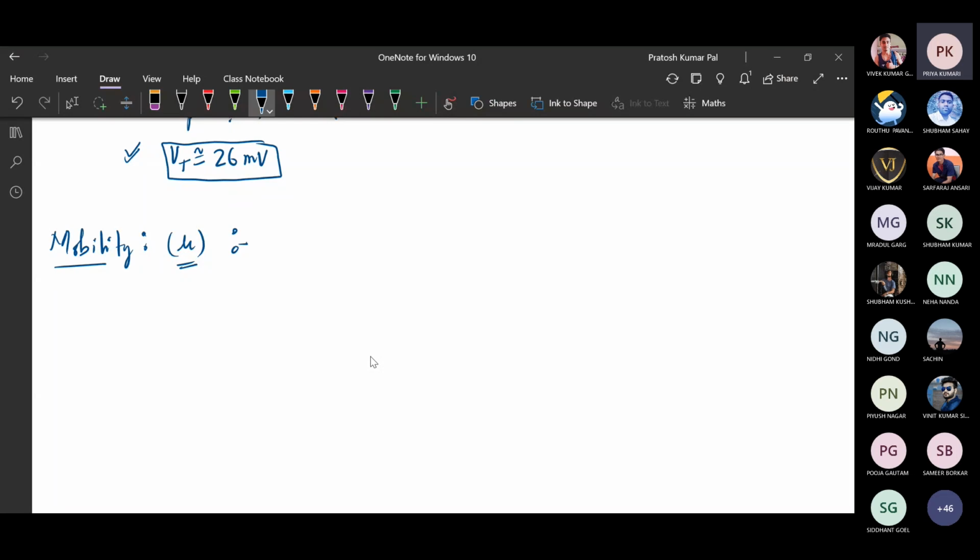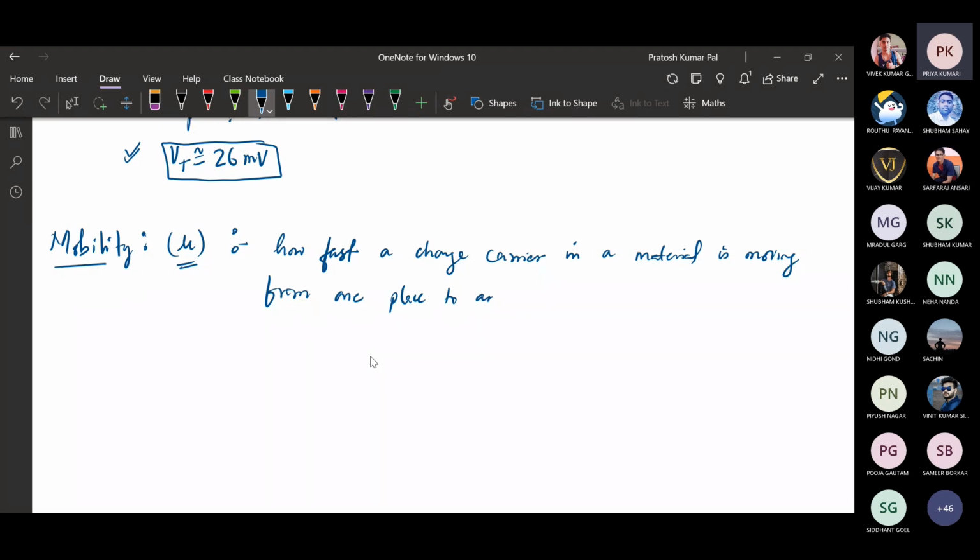So basically mobility represents how fast a charge carrier in a material is moving from one place to another.